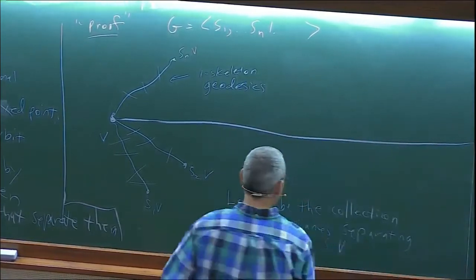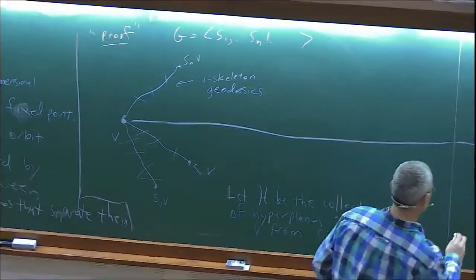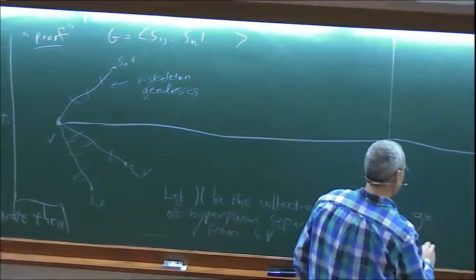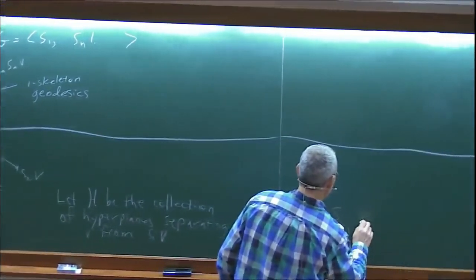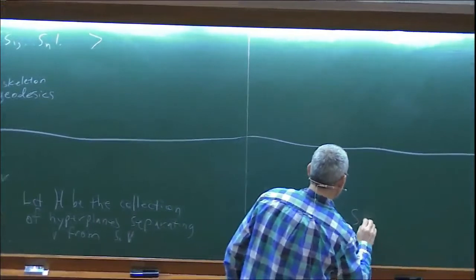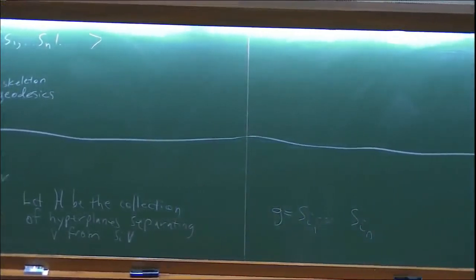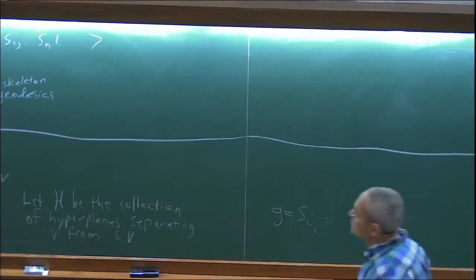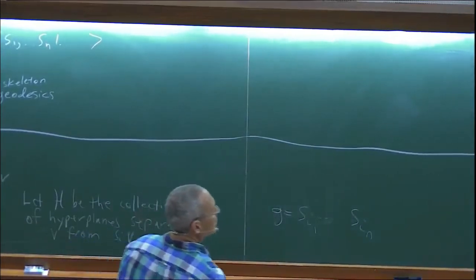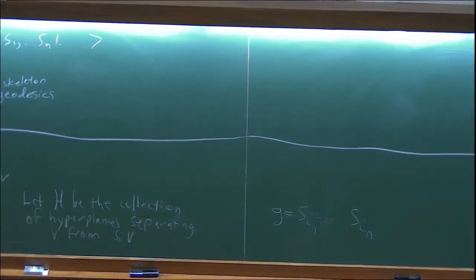And this G is some word in the generators or inverses of the generators, so it's some word like this. I can write that here. Maybe we'll give this alpha.